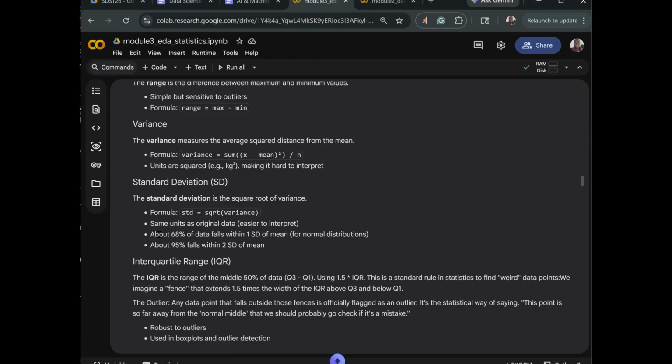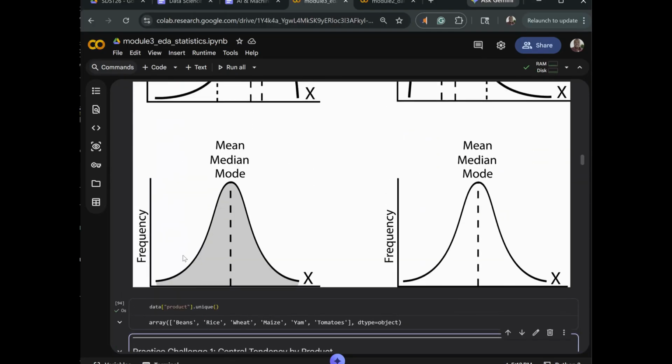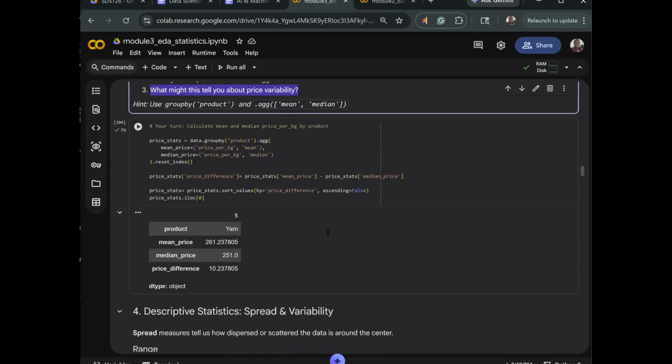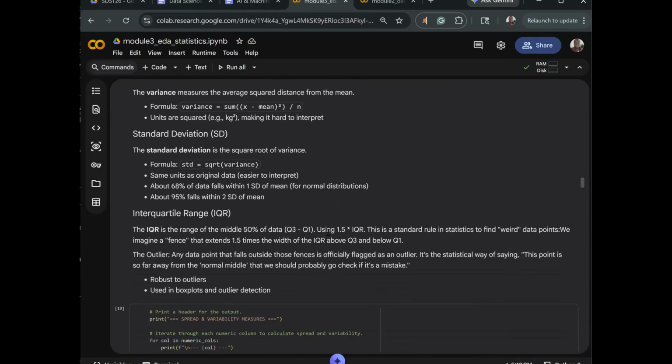About 95% stands between two standard deviations of the mean, from the left to the right, from here to here. That means we do not have a lot of outliers around. The outliers will be cut aside here. So that is for normal distribution. You just have to remember that.